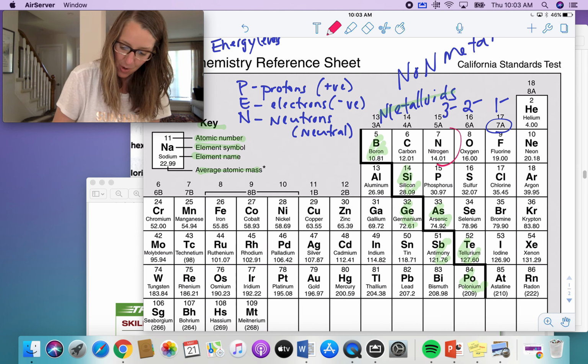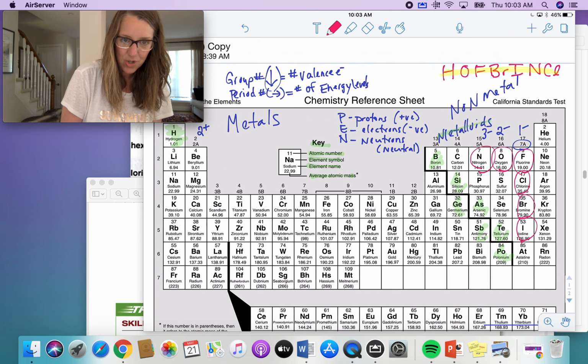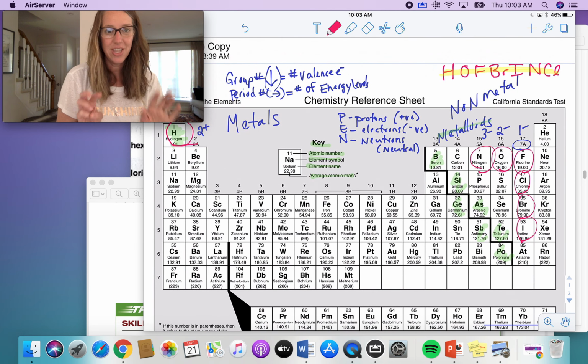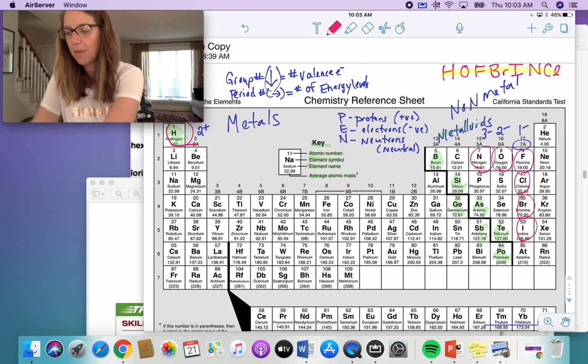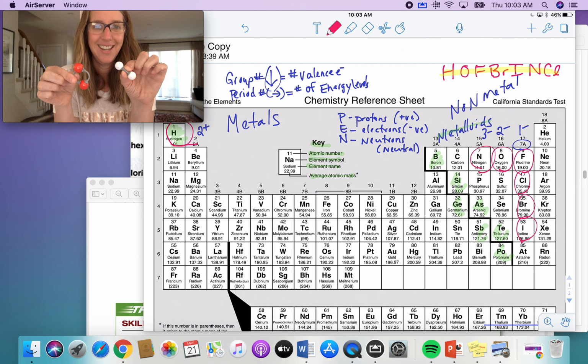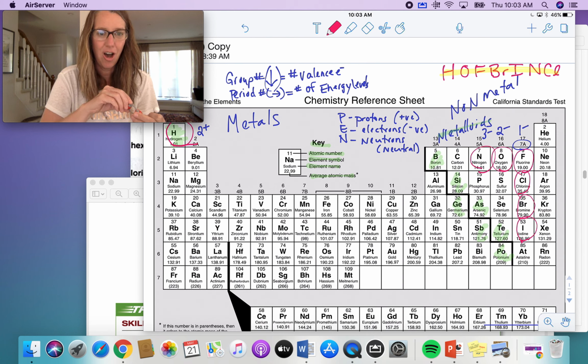Okay, here we go. 1, 2, 3, 4, 5, 6. And then where's the other one? Hydrogen. Right over here. Those are the 7 atoms that form all diatomic molecules when they're at regular room temperature in our atmosphere. And the acronym again is Hofbrinkel.